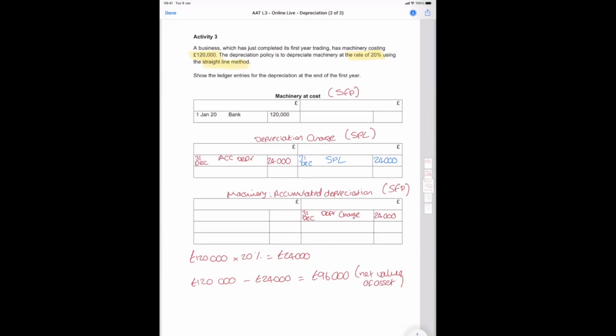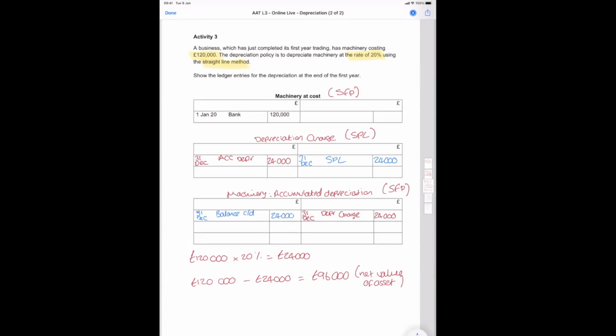Because our accumulated depreciation account appears in our statement of financial position, instead what we do is balance off the account, so we have a balance there ready for the next financial year. So we can add the 31st of December, balance carried down of 24,000.